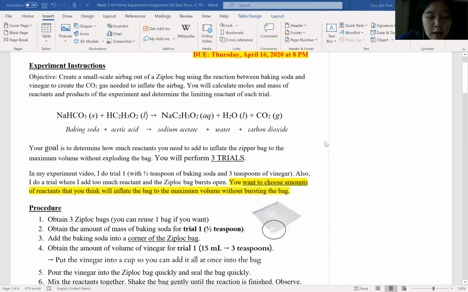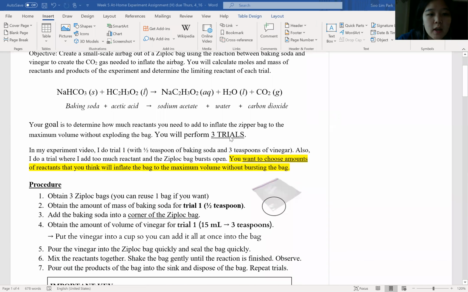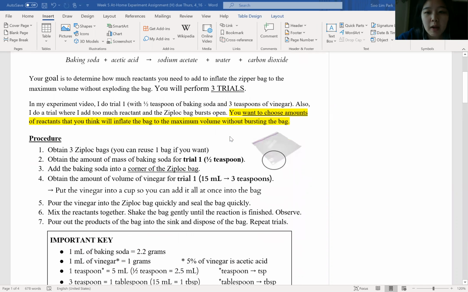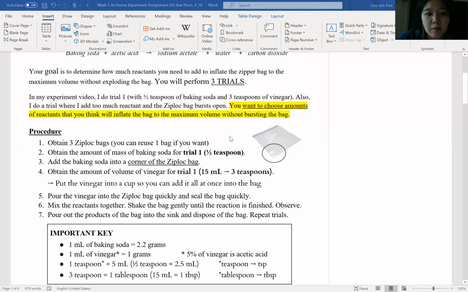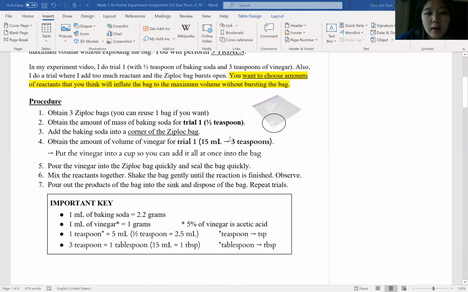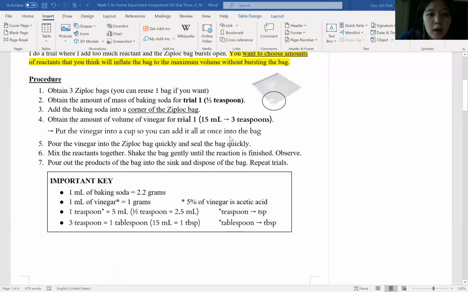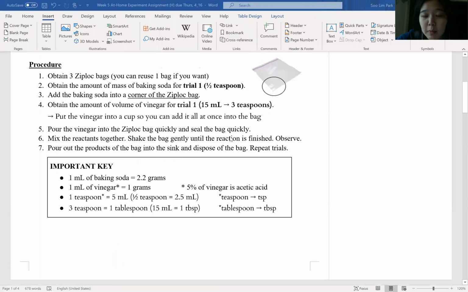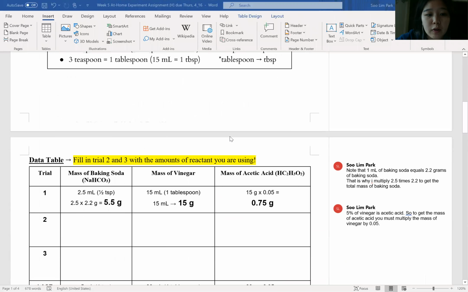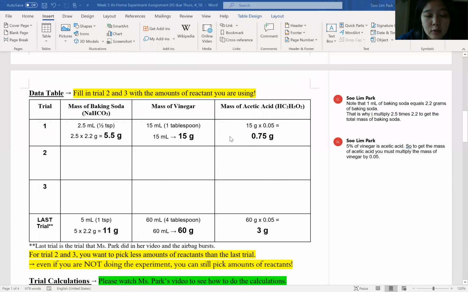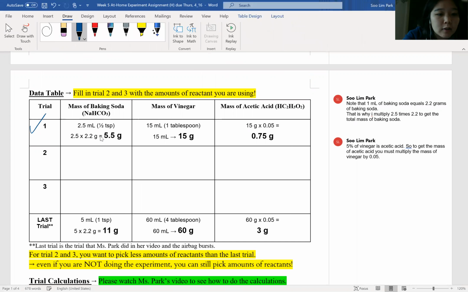I gave you the experiment instructions, and hopefully by now you've watched my experiment video and read over the instructions and the procedure. In my experiment video, I did trial one and the last trial.